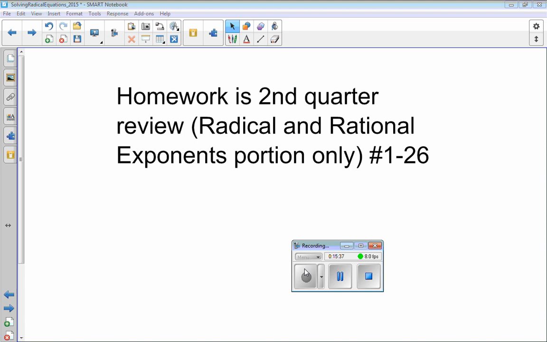The first two sections of this review are from complex numbers and polynomials. There are three sections. Please only complete the last section, the last few pages on radical and rational exponents.